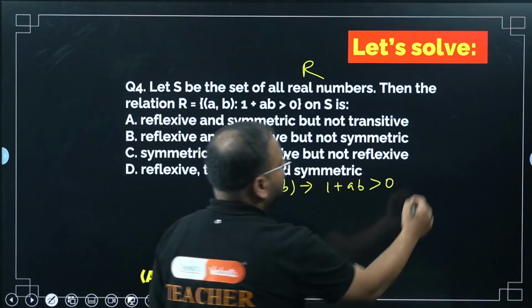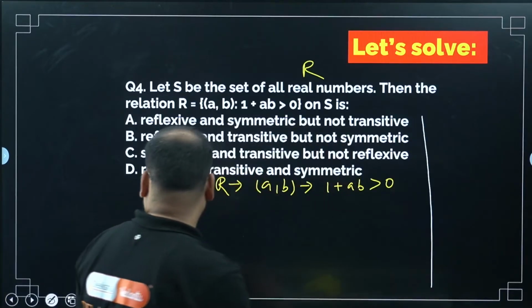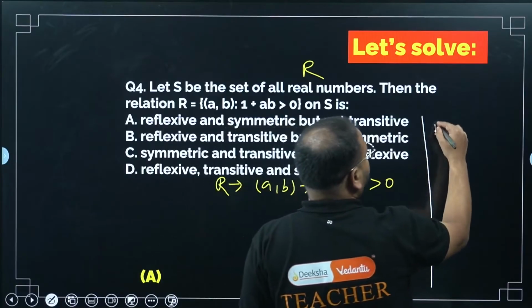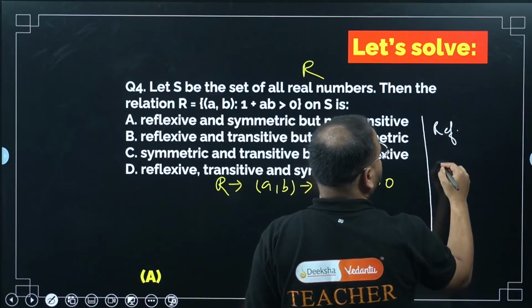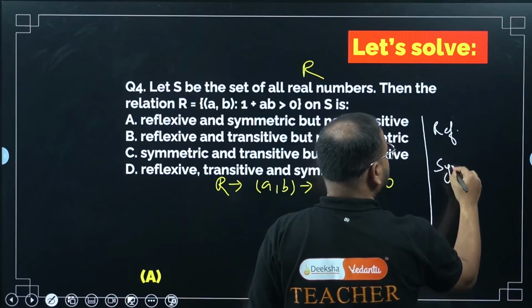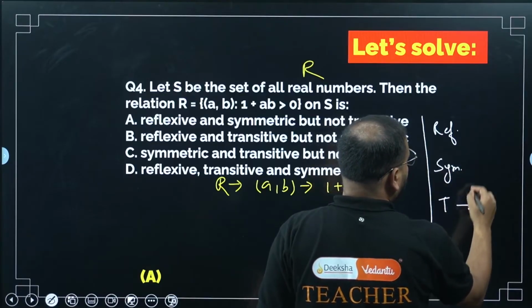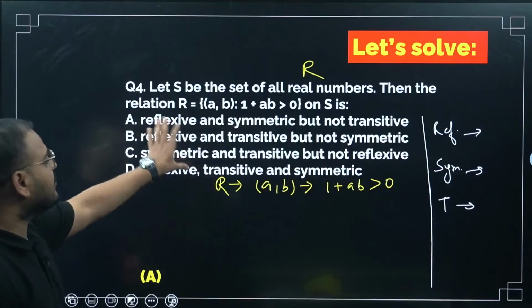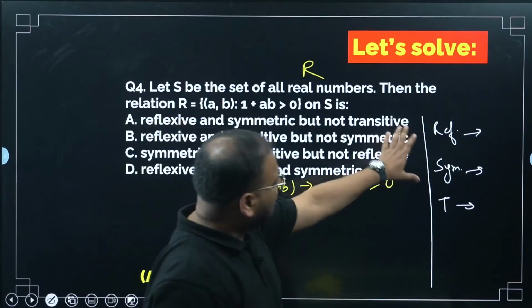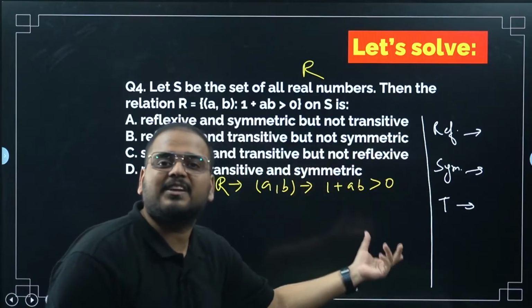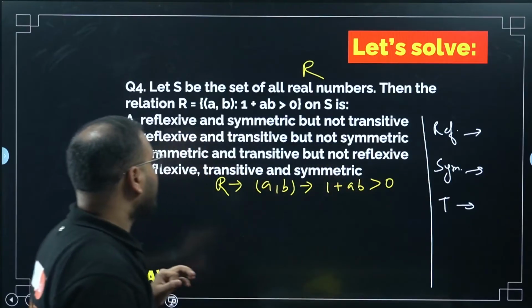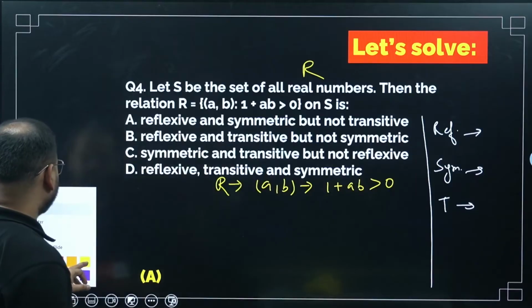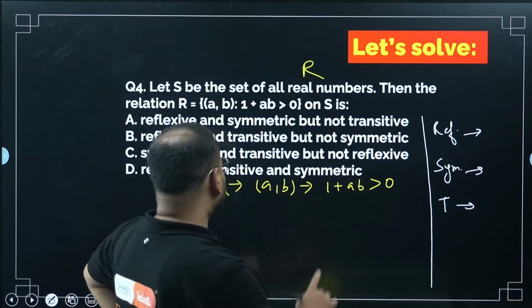Again, first thing, reflexive, then comes symmetric, then comes transitive. That's what they're asking. We'll figure out which is the correct option, but let's figure out our answer first, whether it is reflexive, symmetric or transitive. Okay, 1 plus AB. So for reflexive, what is there?